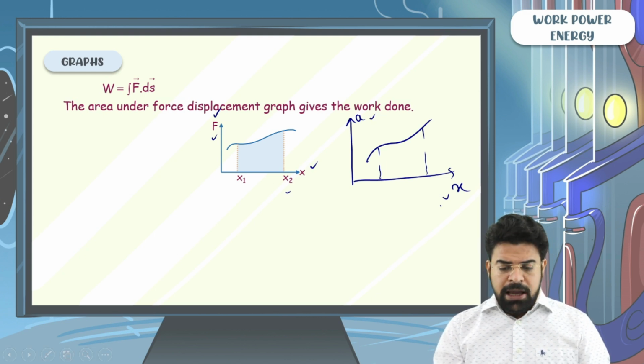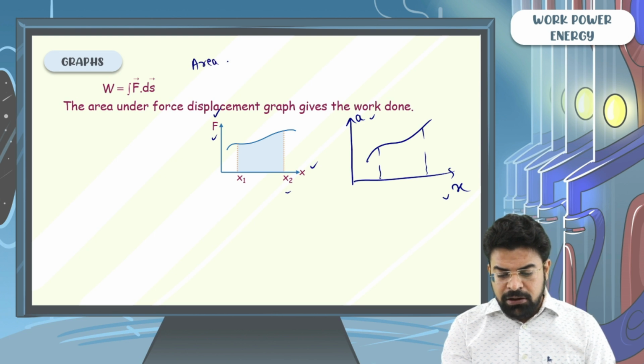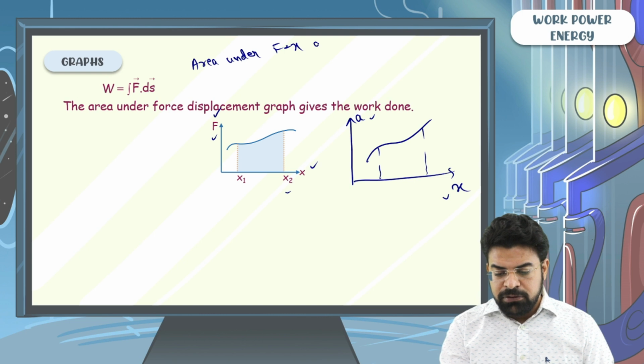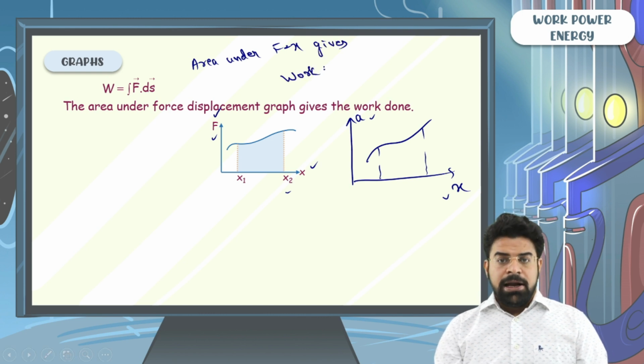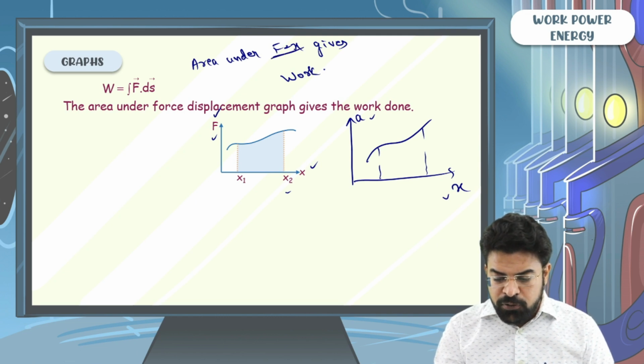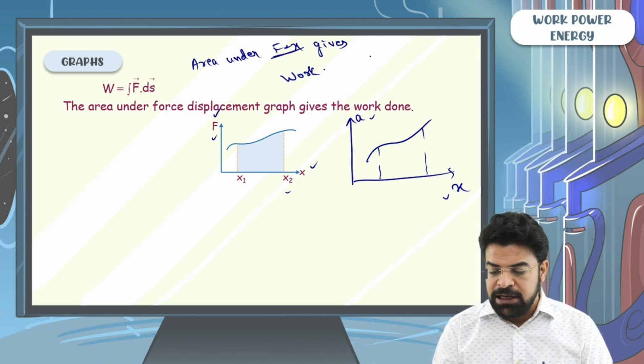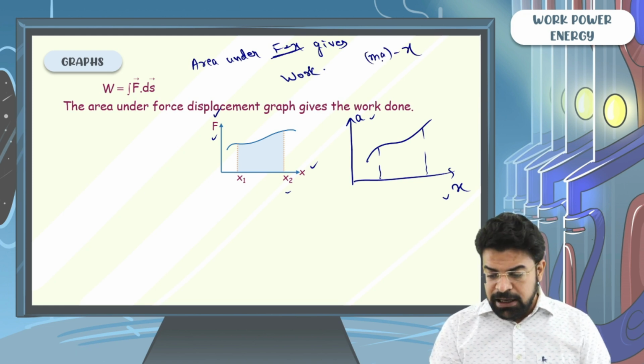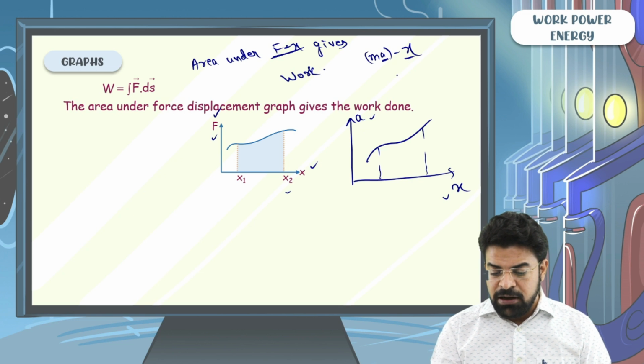If the area under the force displacement graph gives work, it is the same as the area under the mass times acceleration into displacement graph. So the area under the acceleration displacement graph will give you work done per unit mass.